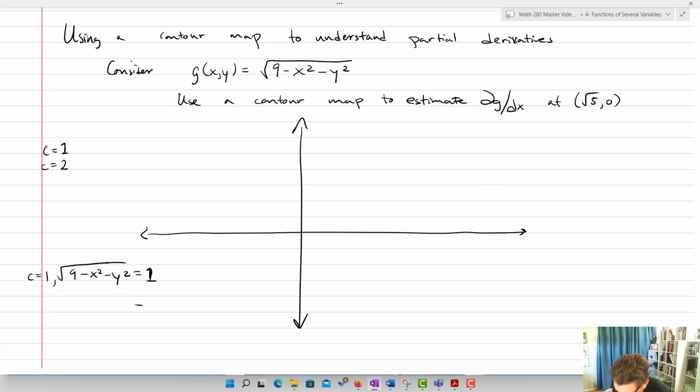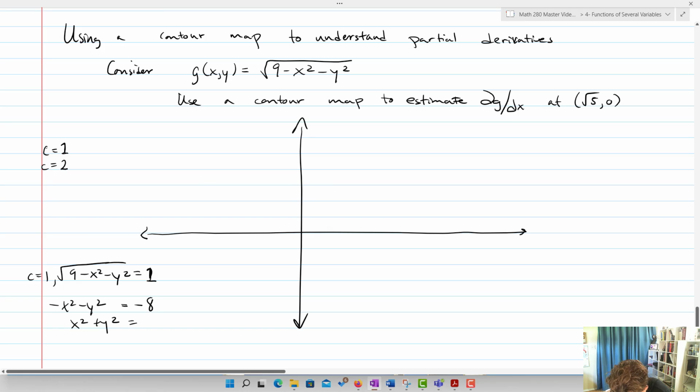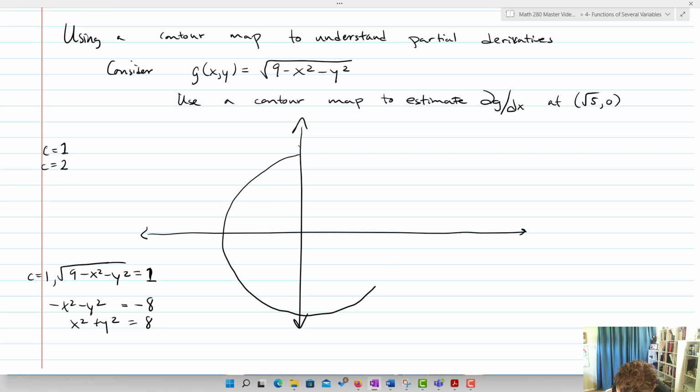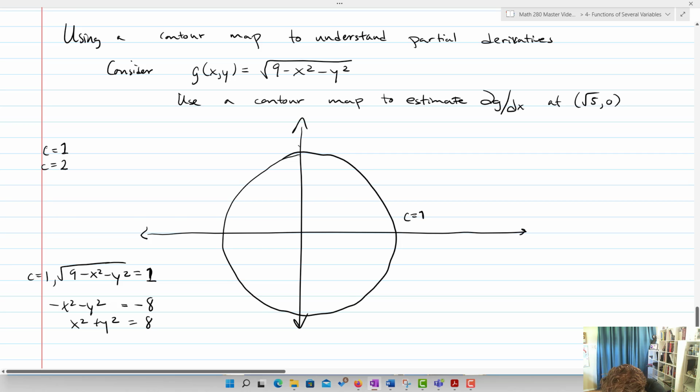Square both sides, subtract 9, that becomes negative 8 equals negative x squared minus y squared. So we get x squared plus y squared equals 8. That's a circle of radius square root of 8, if c equals 1. So there's c equals 1, and I'll put that on the inside.